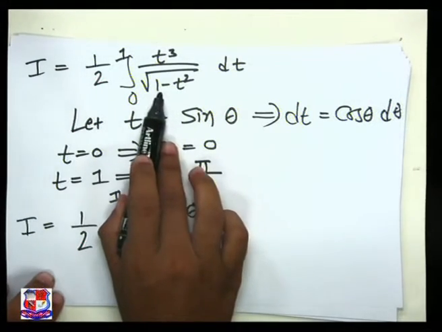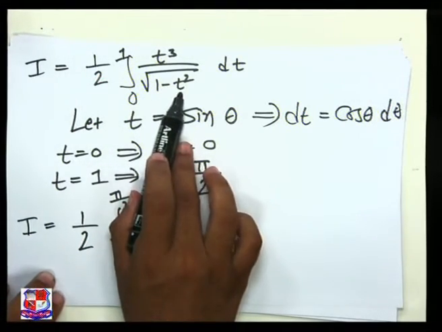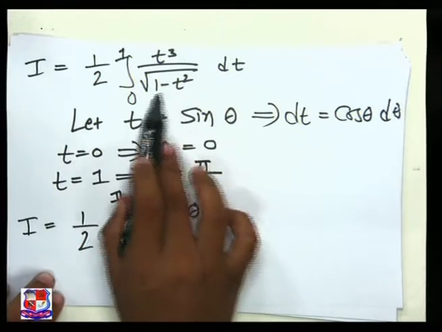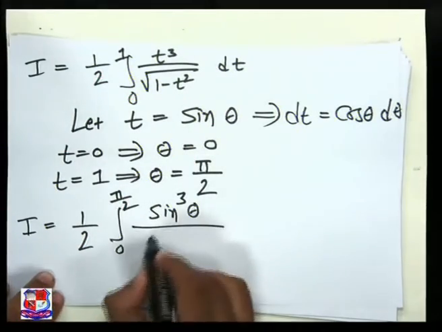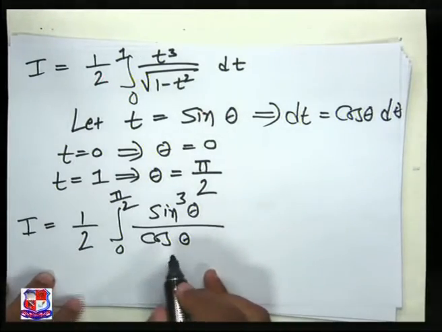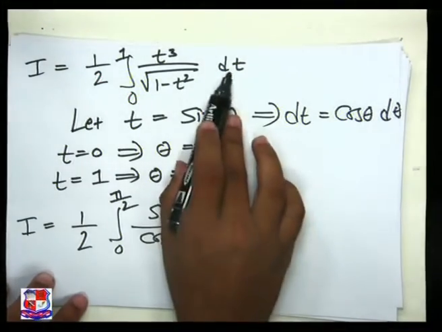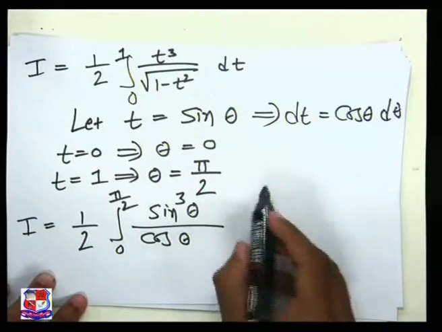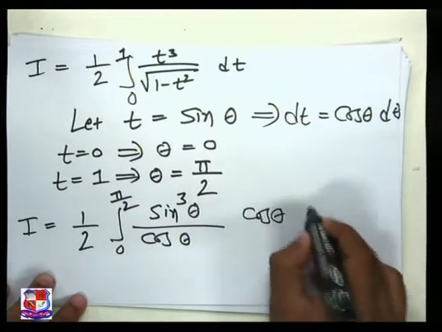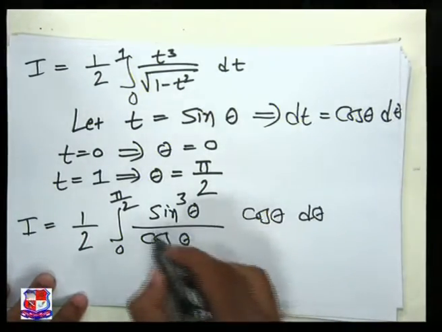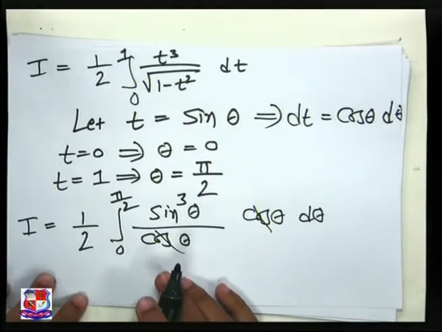This is 1 minus sin square theta, so that is cos square theta, and under root of cos square theta you will get cos theta, and dt is equal to cos theta d theta. So this cos theta will be cancelled out.